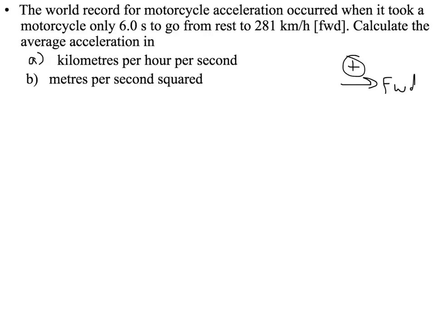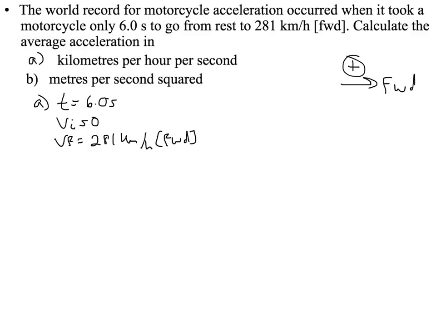Second thing we always do is we always write down what we are given. We are told the time is 6 seconds. We're told VI is 0. We're told VF is 281 kilometers per hour forward. And we're looking for acceleration. Now we know our equation. Acceleration is going to equal VF minus VI over t.